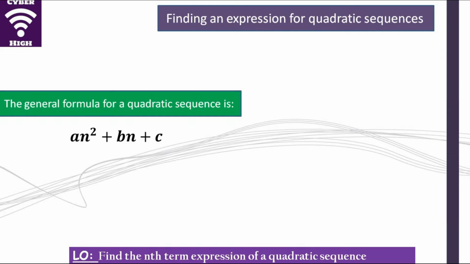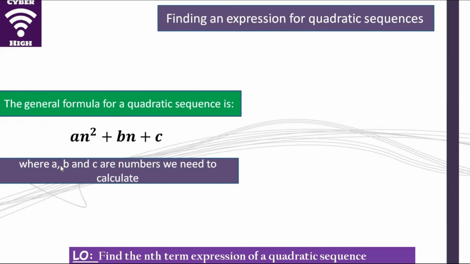For the linear, we had only bn plus c, so the value of n was n to the power of 1. But when it is quadratic, it becomes n squared. So that is what makes it quadratic. All right. So in this scenario, a, b, and c are simply numbers which we need to calculate. When we can find out the value of a, b, and c, then we are done.